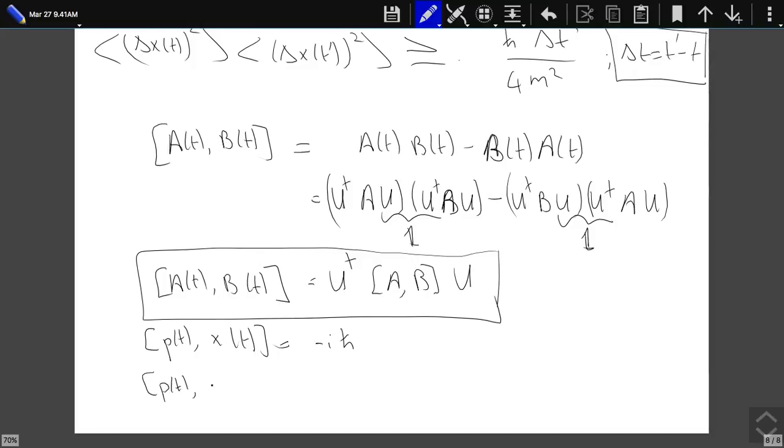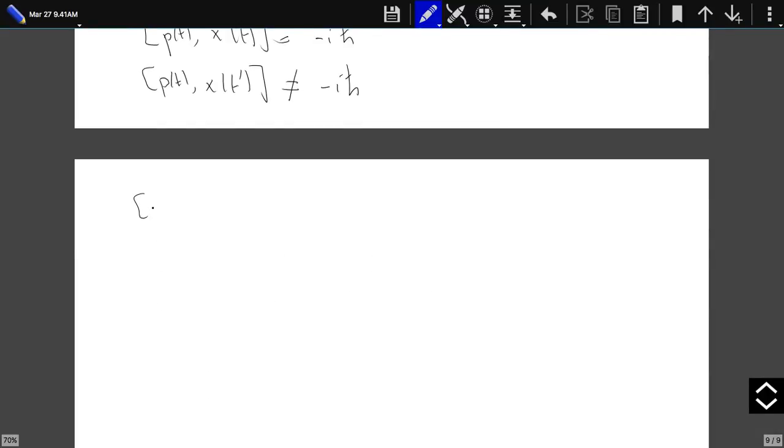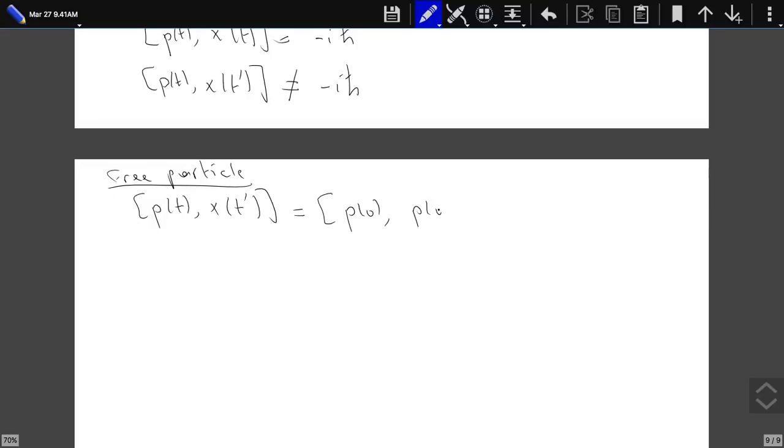The commutator of p(t) and x(t prime), on the other hand, is not minus i h bar, because here I have the commutation relation of two operators at different times. Let's see if it is possible that they will commute at a given time for our free particle. We can calculate it. p(t), x(t prime), for the free particle: x(t) is p(0) over m times t plus x(0).